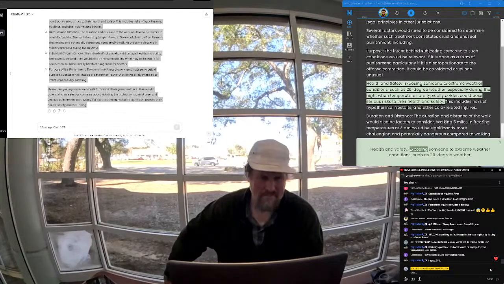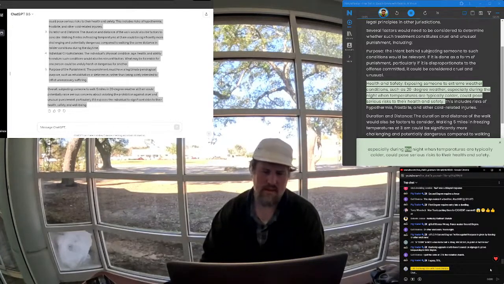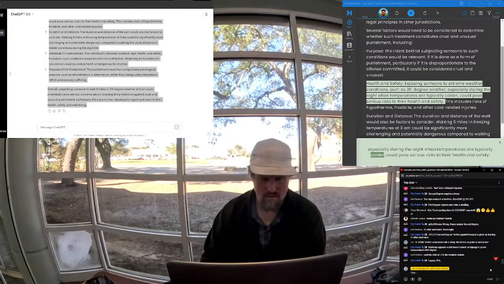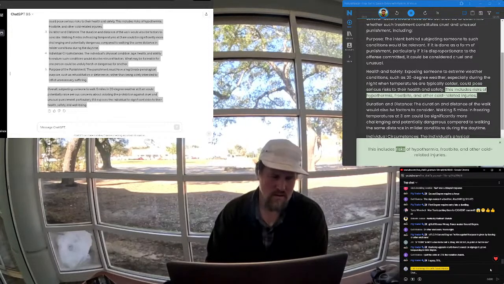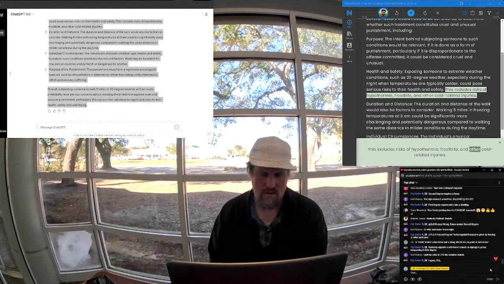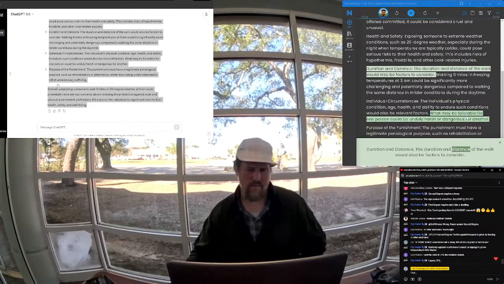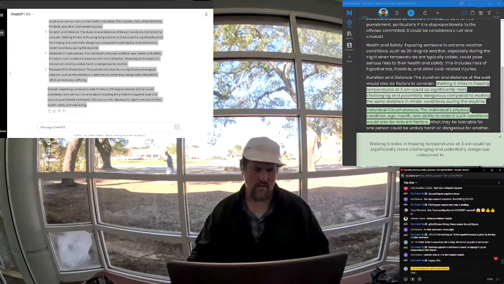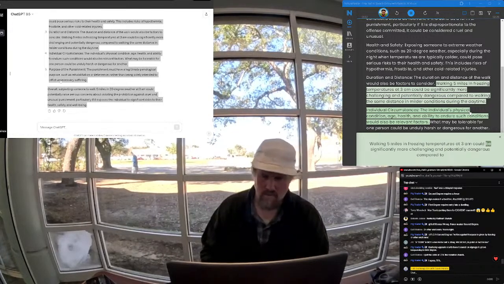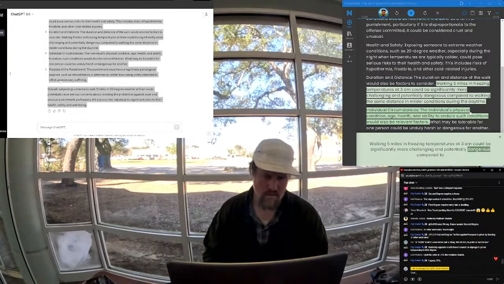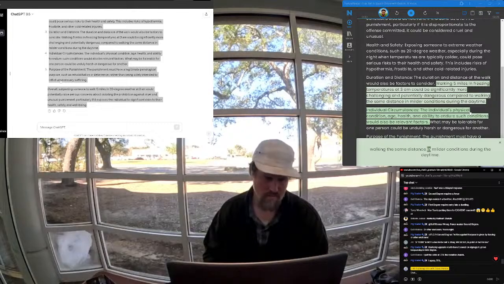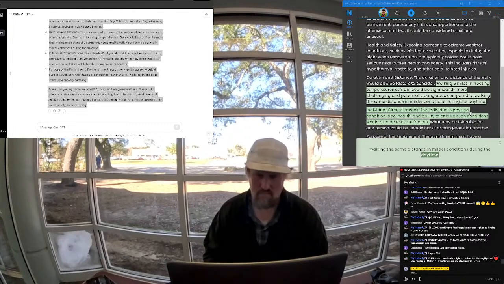Health and safety. Exposing someone to extreme weather conditions, such as 20-degree weather, especially during the night when temperatures are typically colder, could pose serious risks to their health and safety. This includes risks of hypothermia, frostbite, and other cold-related injuries. Duration and distance. The duration and distance of the walk would also be factors to consider. Walking 5 miles in freezing temperatures at 3 a.m. could be significantly more challenging and potentially dangerous compared to walking the same distance in milder conditions during the daytime.